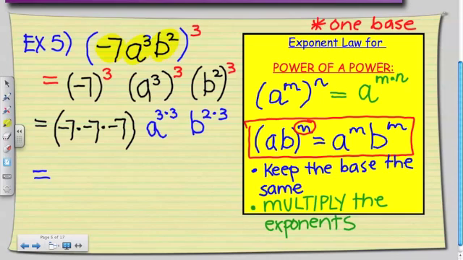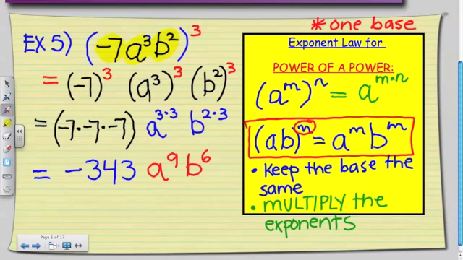So -7 to the power of 3, is that going to give me a positive value or a negative value? What do you think? How about Matthew? Negative, good. So negative 343 to be exact. And then I have a to the power of positive 9, b to the power of positive 6.